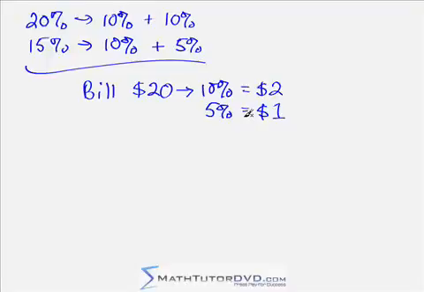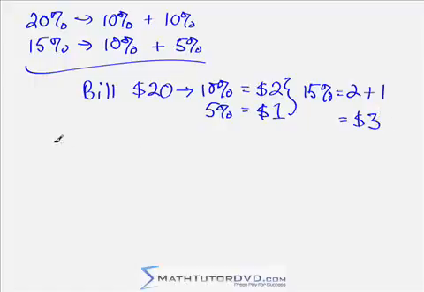So this is a great way to calculate 5% of something. You just take 10%, you cut it in half. So in order to find 15%, all I do is take $2 plus $1. The final tip is going to be $3 for a 15% tip on $20.